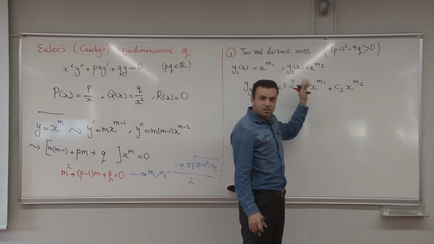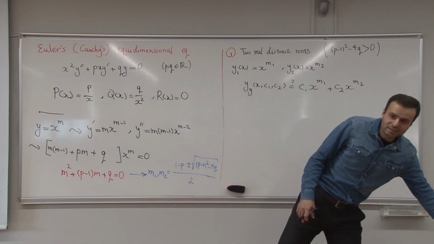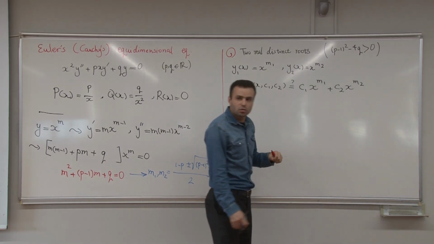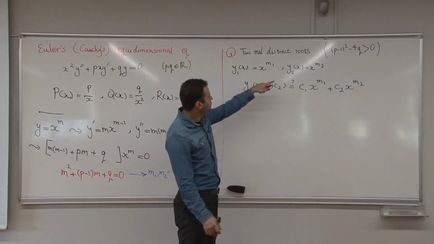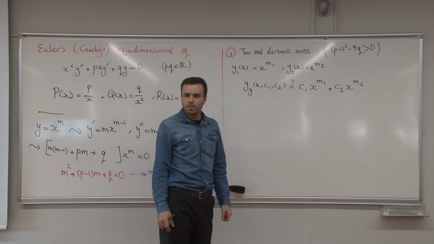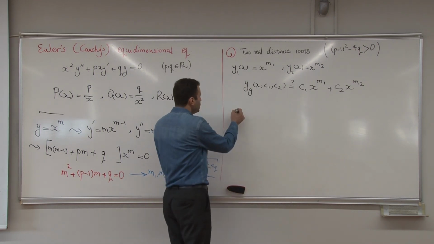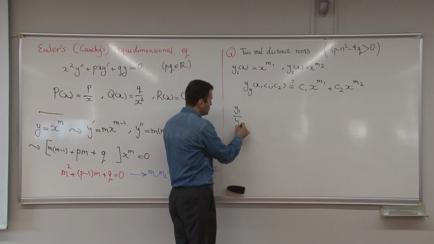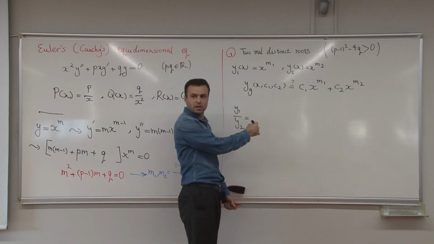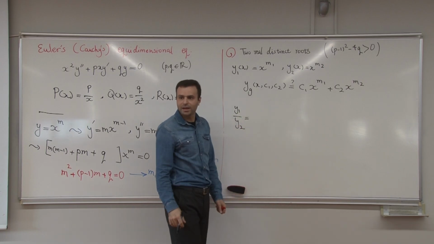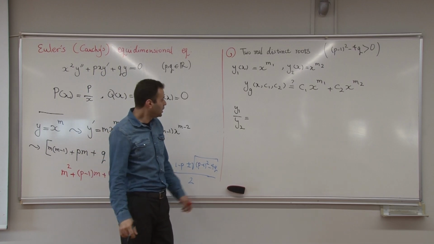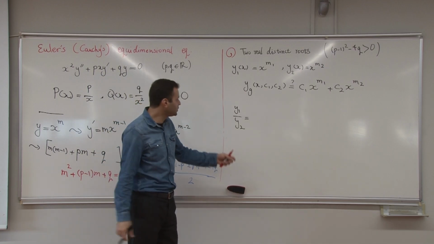If these two functions are linearly independent, then I can write this. So, question, are y1 and y2 linearly independent? How can we check them? Just divide them by each other. If this is a constant, then they are linearly dependent and not linearly independent. If not, then they are linearly independent.